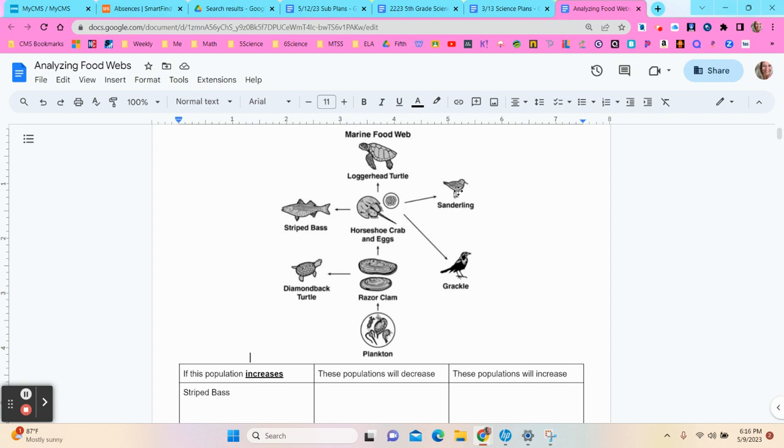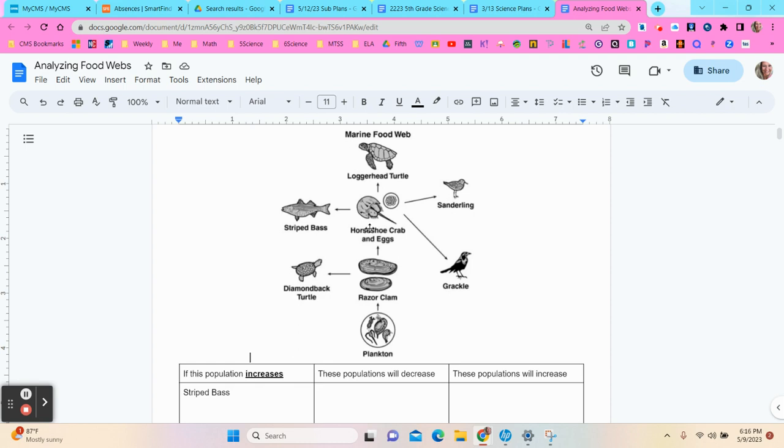Here is a sanderling, and because the arrow is pointing to the sanderling from the horseshoe crab, that means the sanderling also eats the horseshoe crabs, as well as the grackle. See, the arrow points to the consumer, and the horseshoe crabs are eaten by the grackle in addition to the loggerhead turtle.